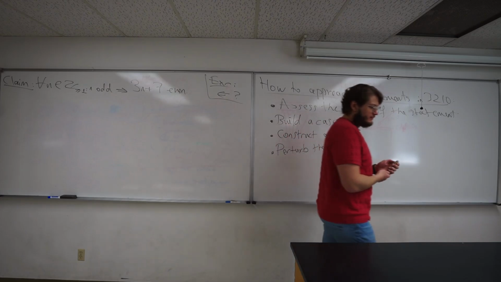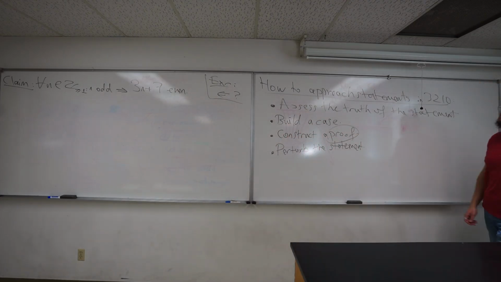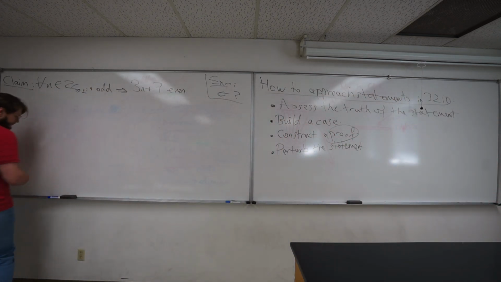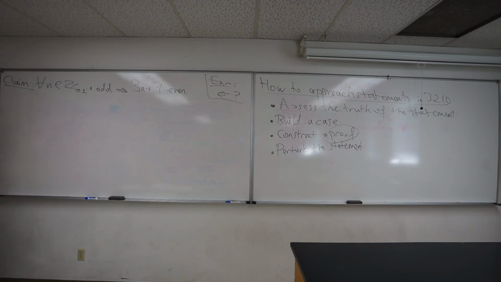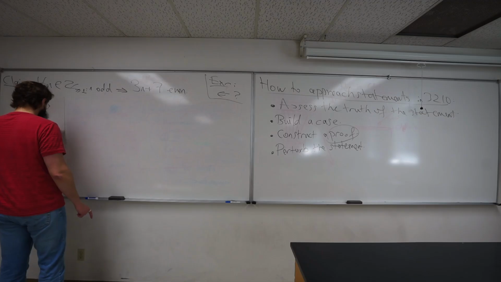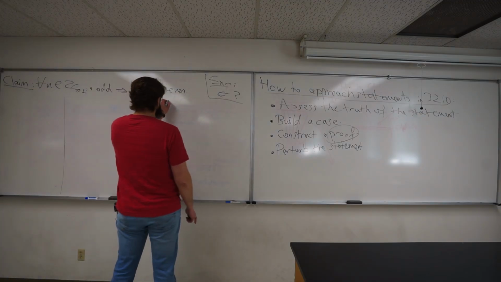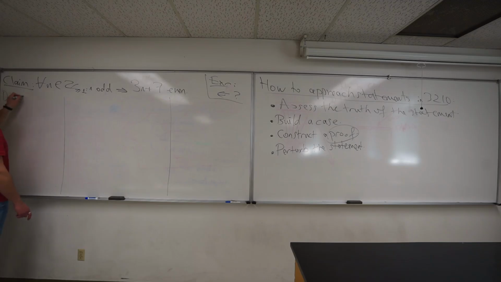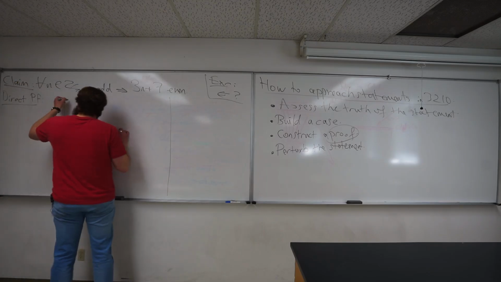Okay, so we had proven this using direct proof. Let me reiterate the idea, and then we can write down all three of them. First one was the direct proof. Second one is proof by contradiction.